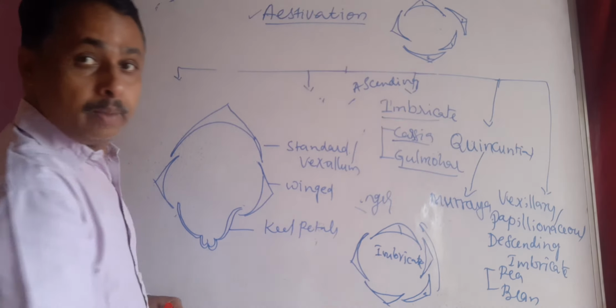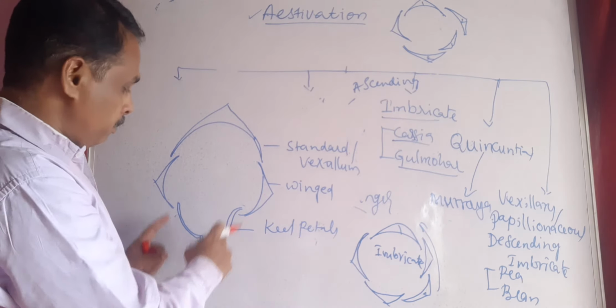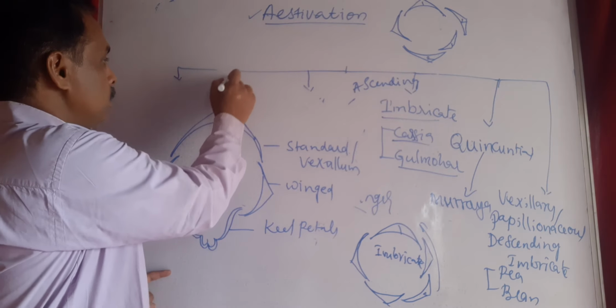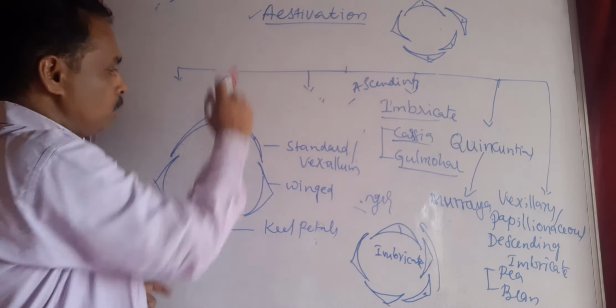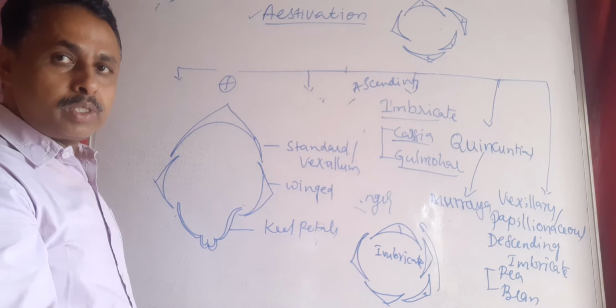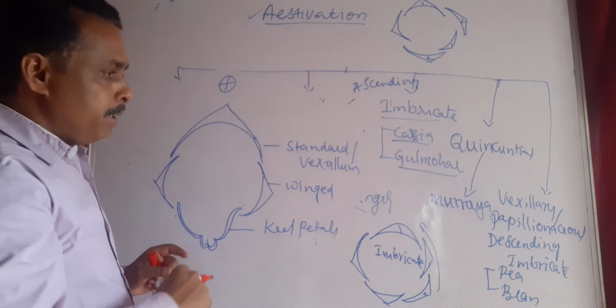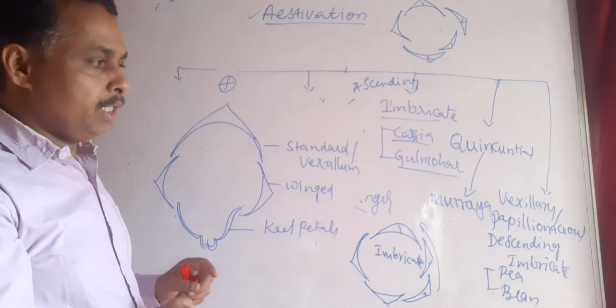Keel petals are present towards the anterior side. The standard petal is the large petal towards the posterior direction. This is the aestivation we have seen in Fabaceae.